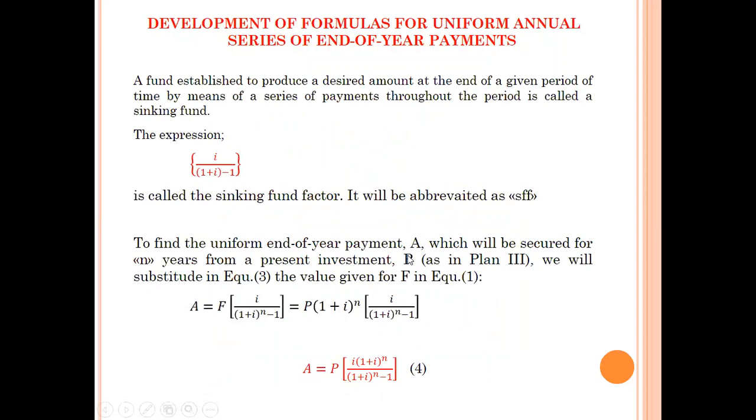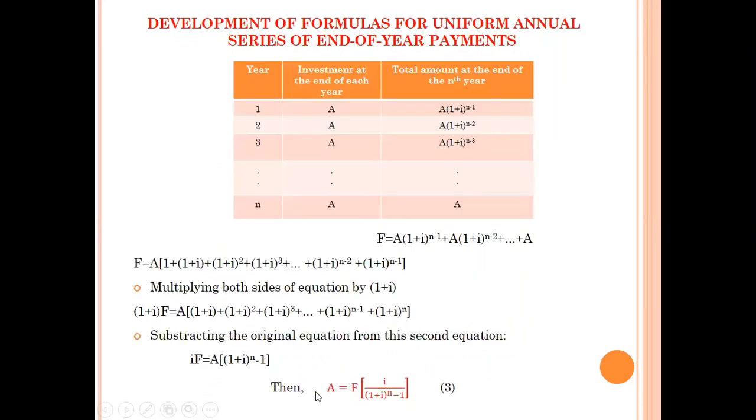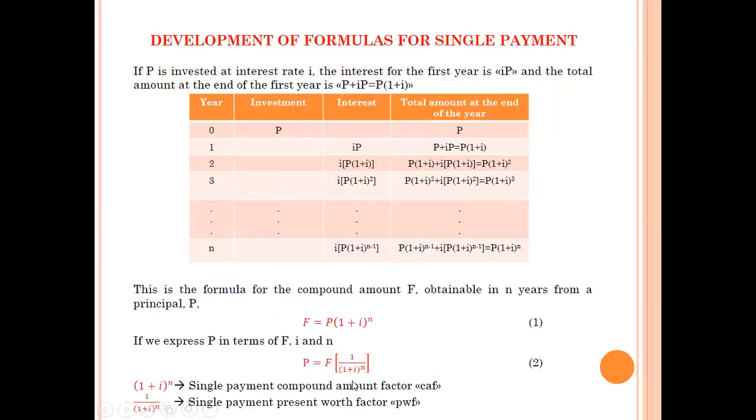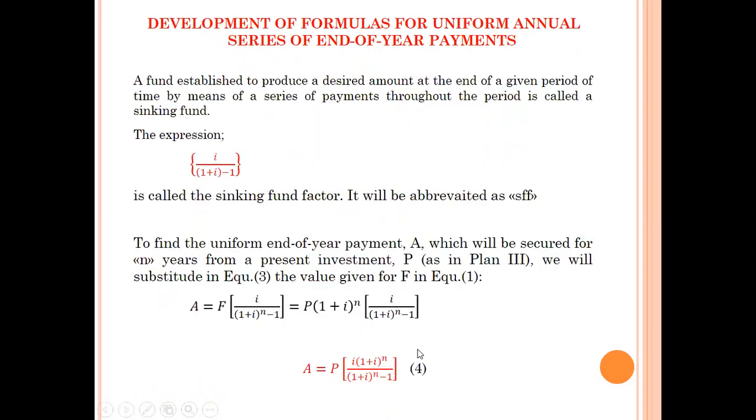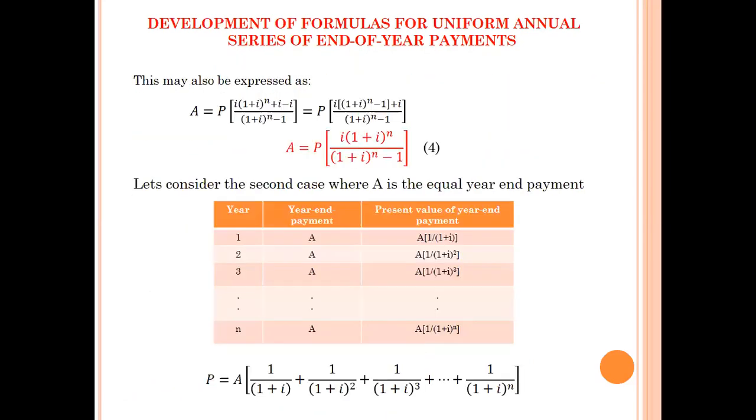So in order to calculate the present worth, I will use the same equation. This will be A for me now, and 1 over 1 plus i to the nth power, which is actually 1 plus i to the minus nth power, as given here. So this is the present value of the year-end payment for the first year.